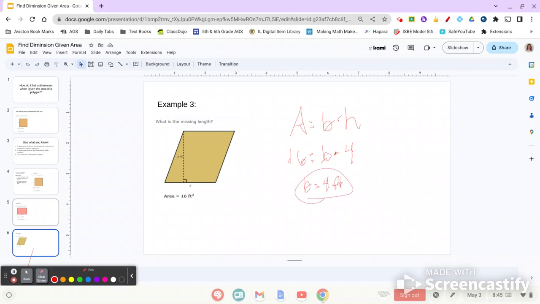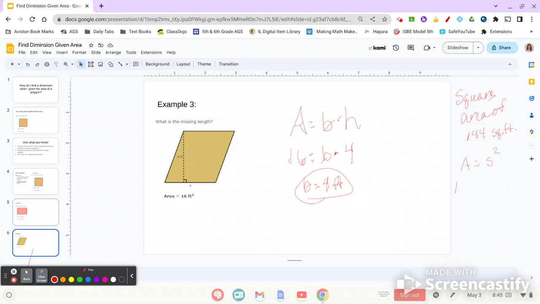Like I told you a second ago, for a square, they could just give us the area. For example, they could tell us that we have a square that has an area of 144 square feet, and it could ask me for the side length. For that one, we would do A equals side length squared.